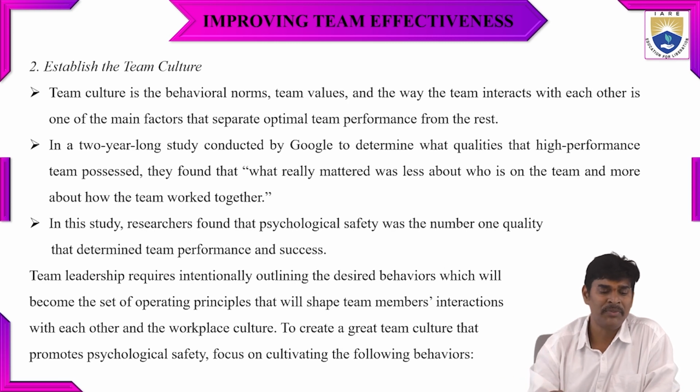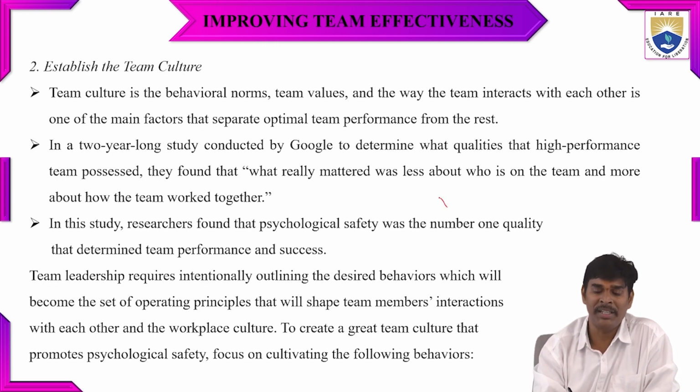And next, we have a 2-year-long study. Google identified the qualities for gaining high performance in a team. They found that what really matters is less about who is on the team and more about how the team works together.